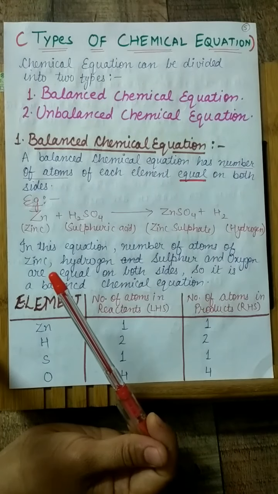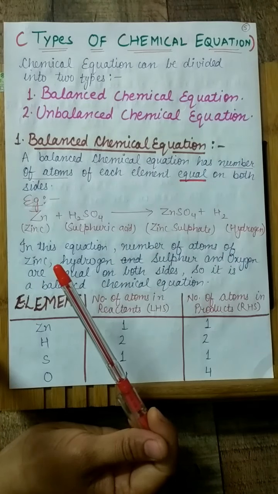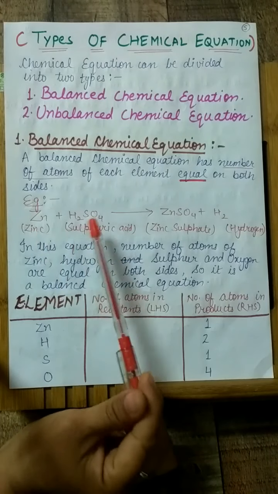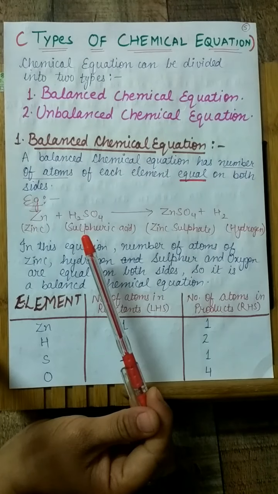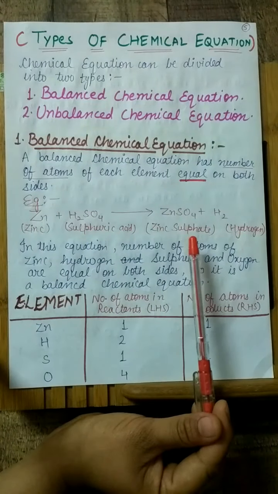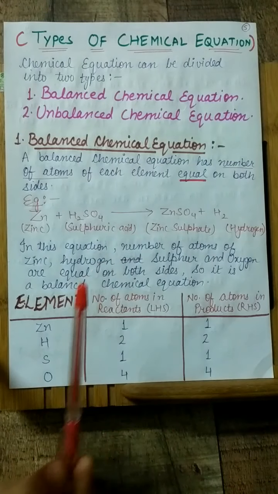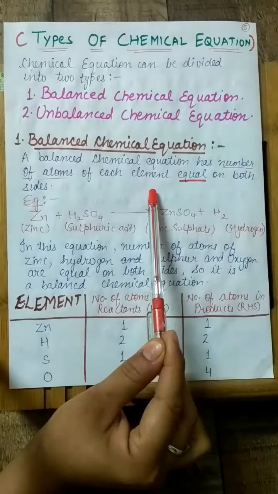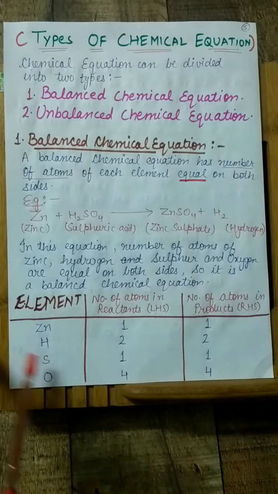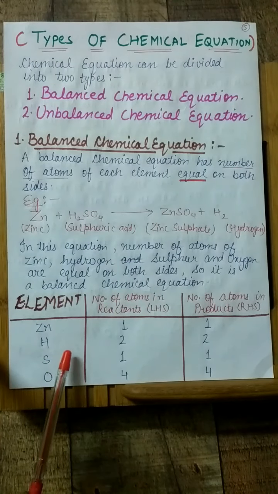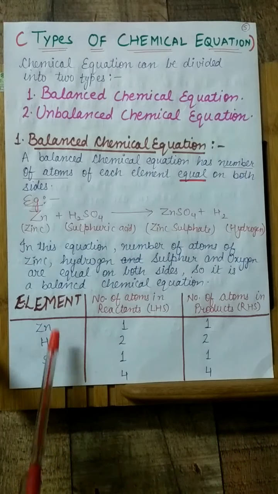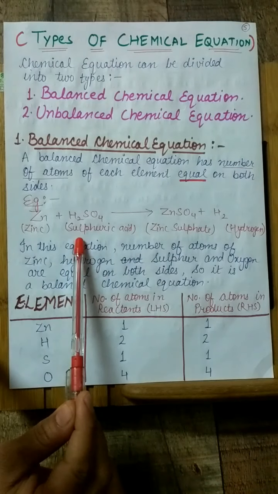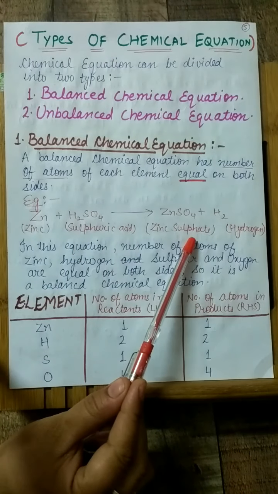Only the rearrangement of the elements takes place and the new products are formed. Now, in order to count the number of atoms of each element, I have made one table. With the help of this, you can easily understand how the number of atoms are equal on the reactant side as well as on the product side.